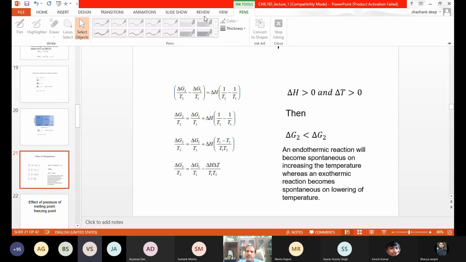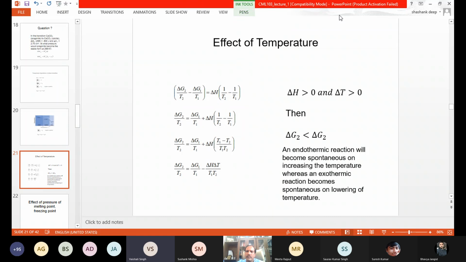So what does delta G2 and delta G1 denote? Like 2 and 1, reactant and product? So delta G1 is the value of delta G at temperature T1, and delta G2 is the value of delta G at temperature T2. It is the delta G of the reaction, you are right.